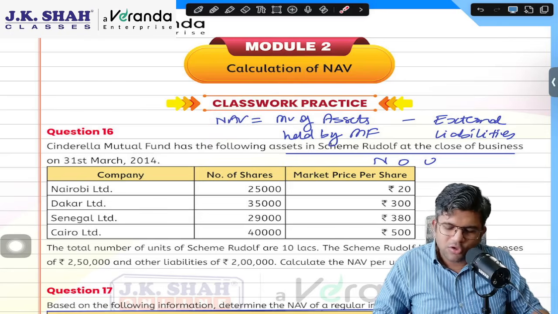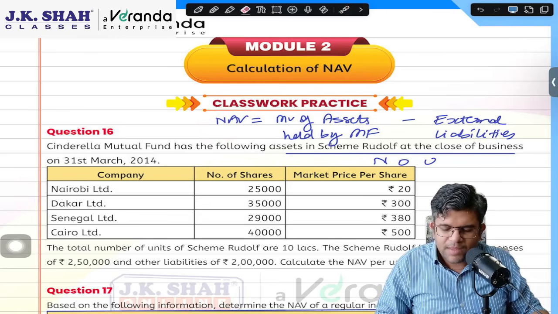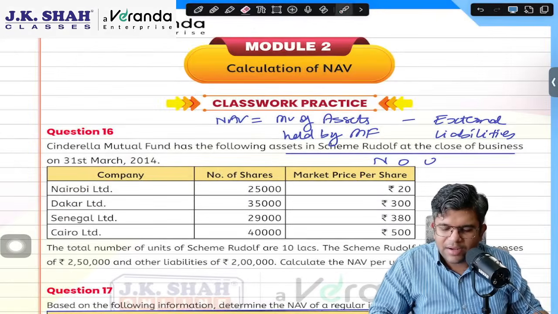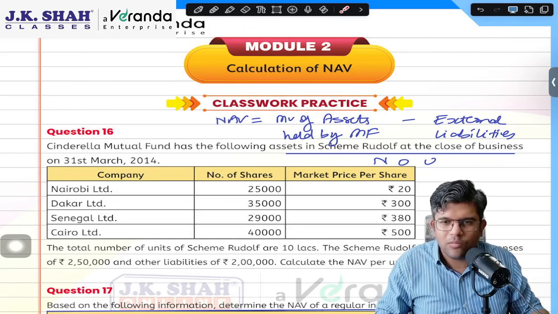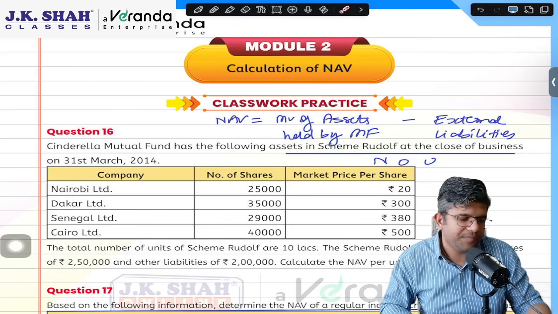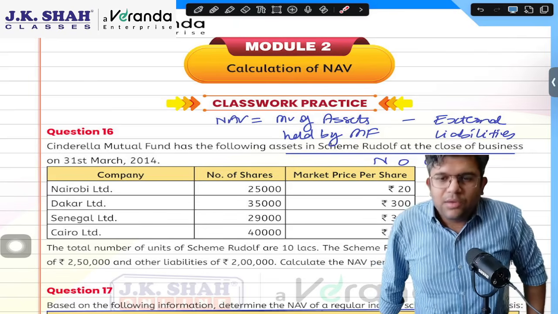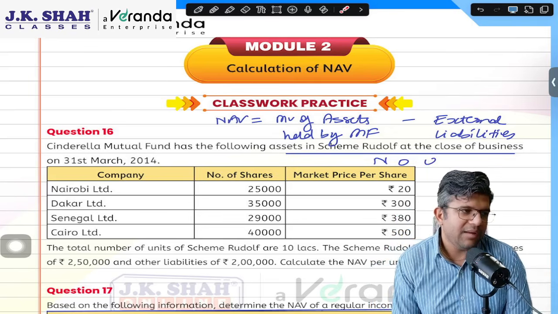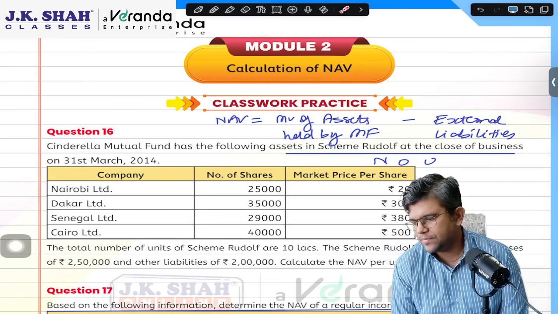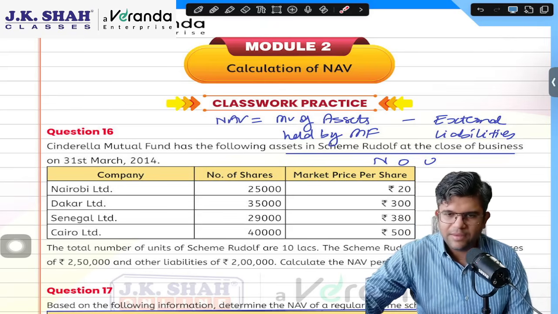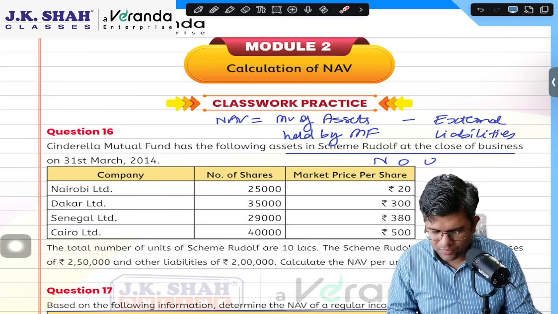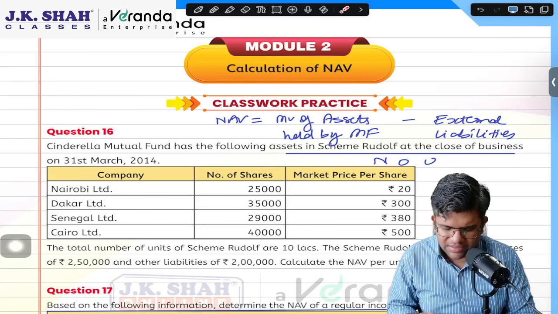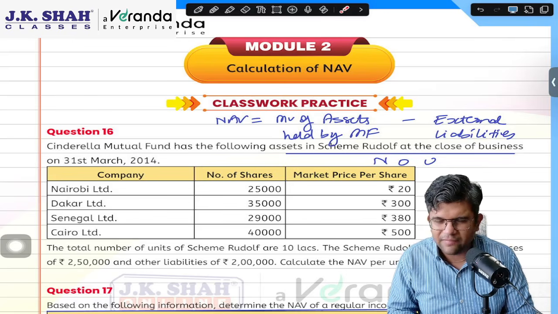Are we ready? So do one thing, write it down in the notes. Has everyone been given the heading, or is the heading yet to be given? In the notebooks, write down M2 or module 2, calculation of NAV, bracket mutual fund POV. And you can just copy this formula. I think this formula was written in the introduction also. I'm not very sure, I think I had given it.